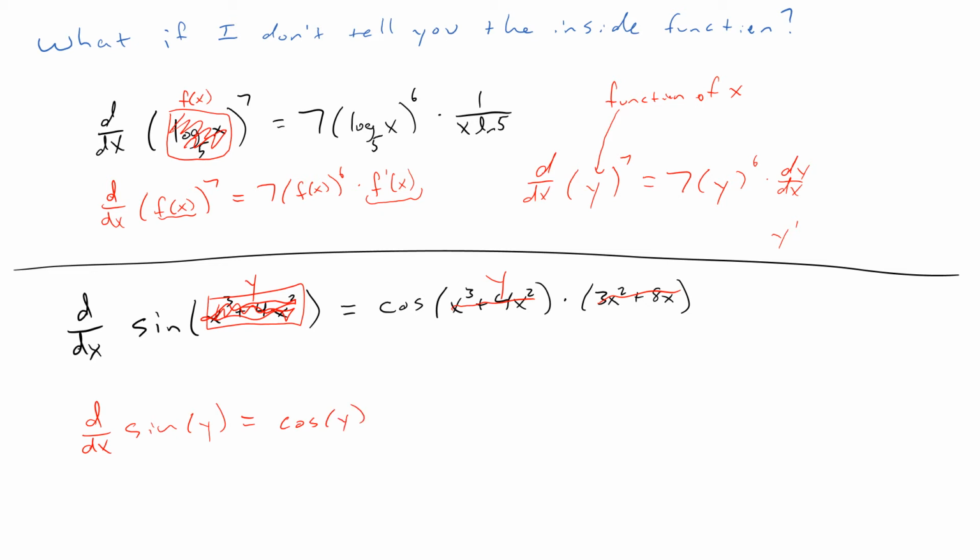But then to finish my derivative, I multiply by the derivative of the inside, so that's the derivative of whatever that inside function is. So that would be your y prime.